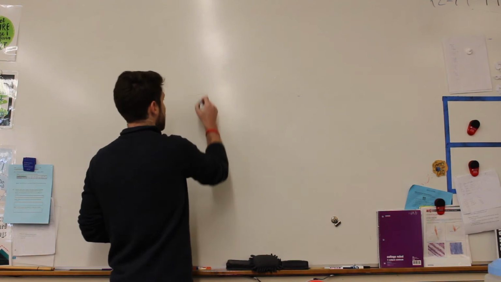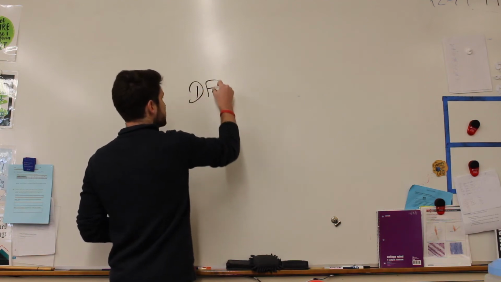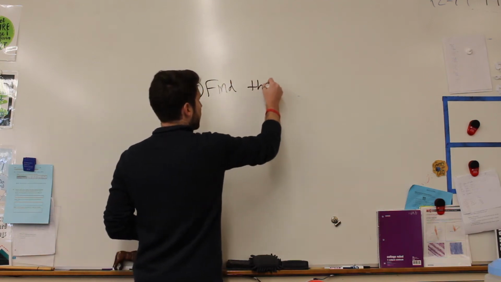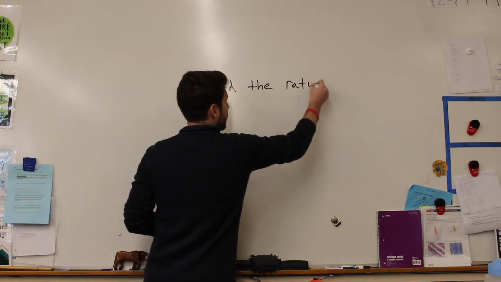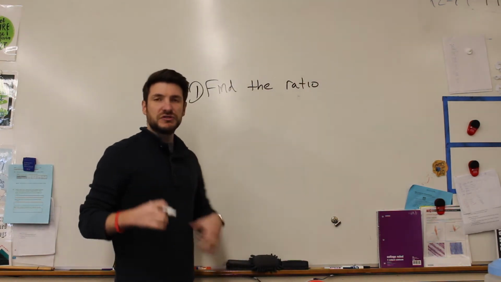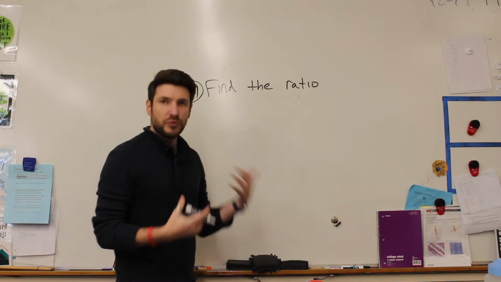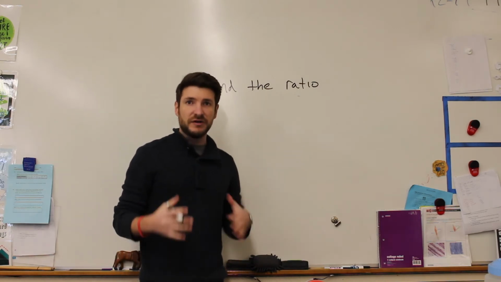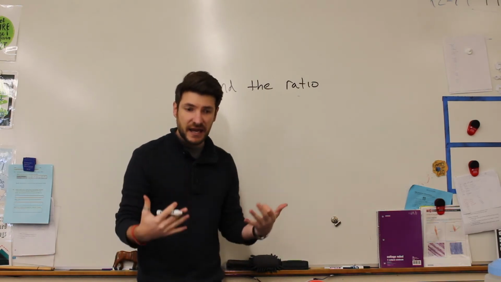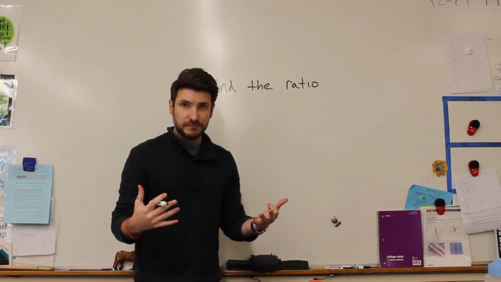So your first step is always to find that complete ratio. In the problem I first gave you, 3 light bulbs for $18, how much is it for 10 light bulbs?